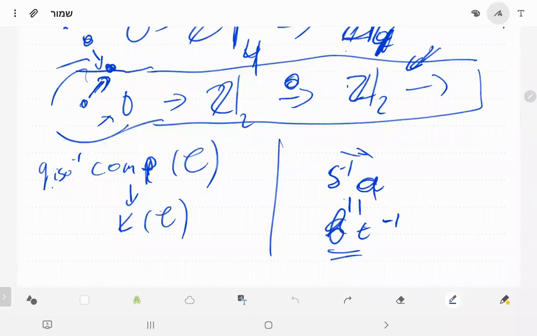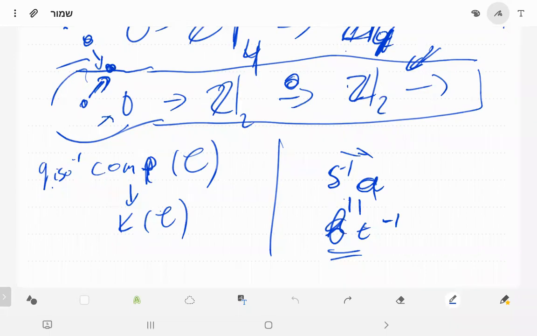Once you have this, in fact you need only one direction. You don't need to talk about these long chains, long words with S inverse A, A1, S2 inverse A2, S3 inverse, etc. You just need to talk about chains of length 2. Now you of course have to explain how you take the multiplication, and in the case of algebra you also have to take sum.